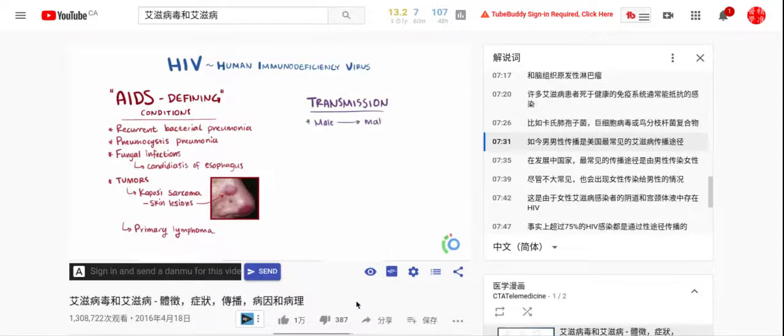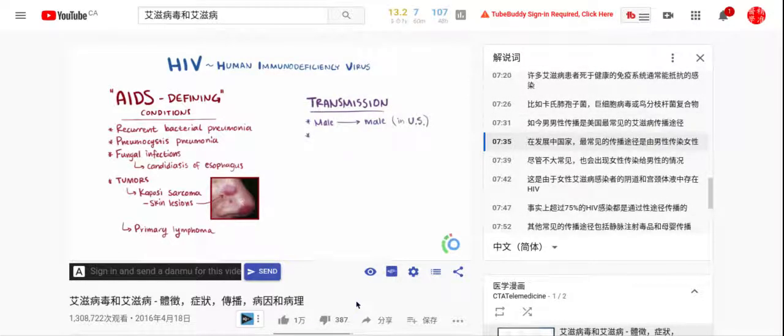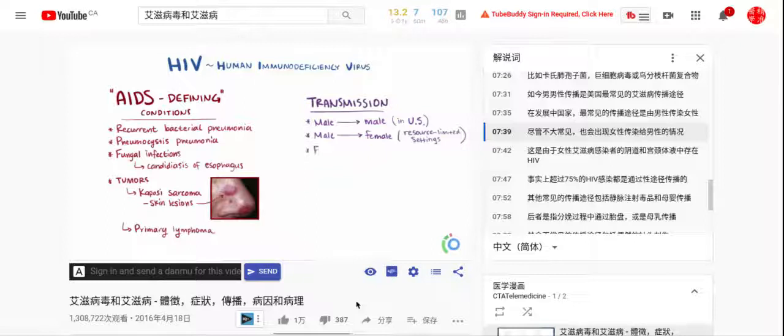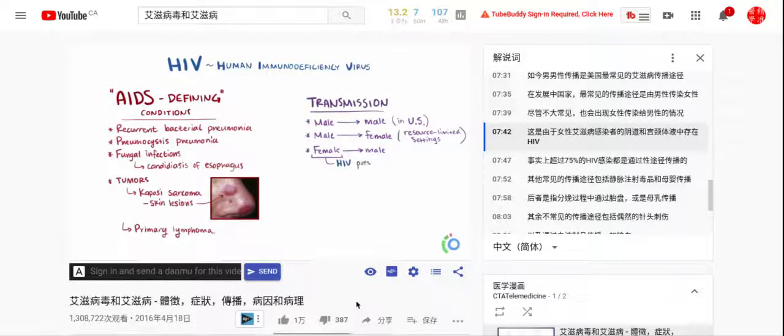Now, male-to-male transmission is the most common mode of transmission in the US, and male to female is the most common mode in resource-limited settings. Although less common, female to male transmissions occur as well, since HIV is present in the vaginal and cervical fluids of infected women.